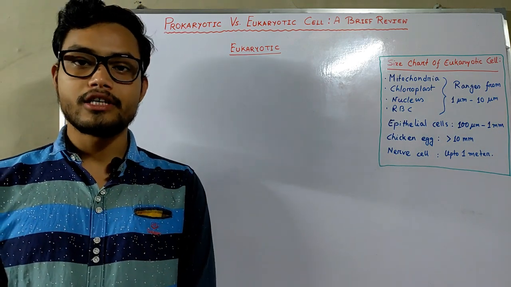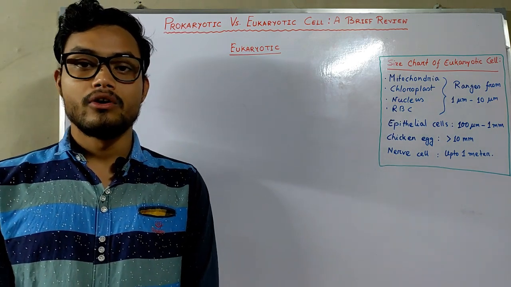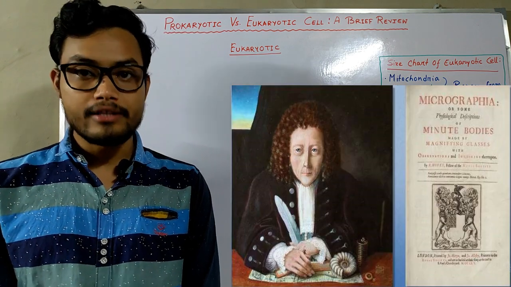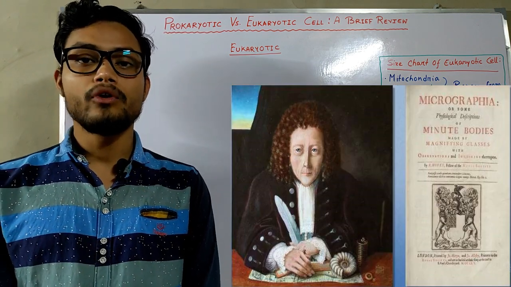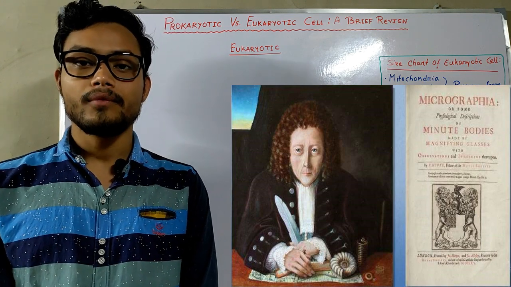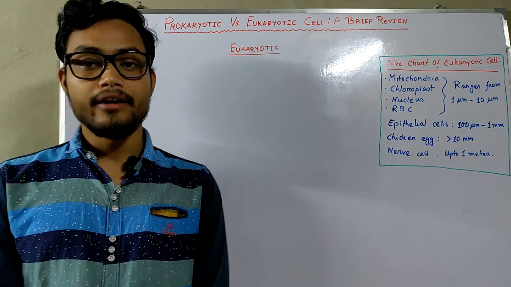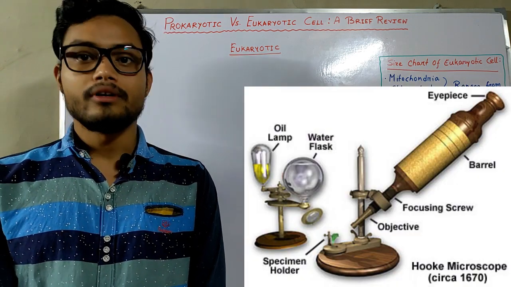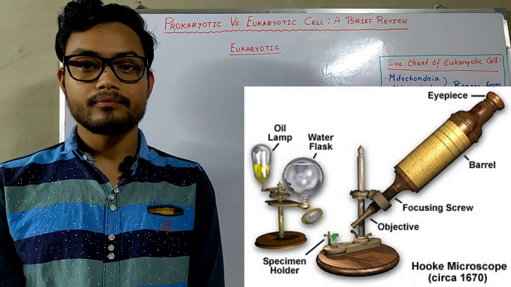In 1665, an English scientist, Robert Hooke, first made an observation about cells, and he reported it in his book Micrographia. He observed those cells with his own custom microscope.